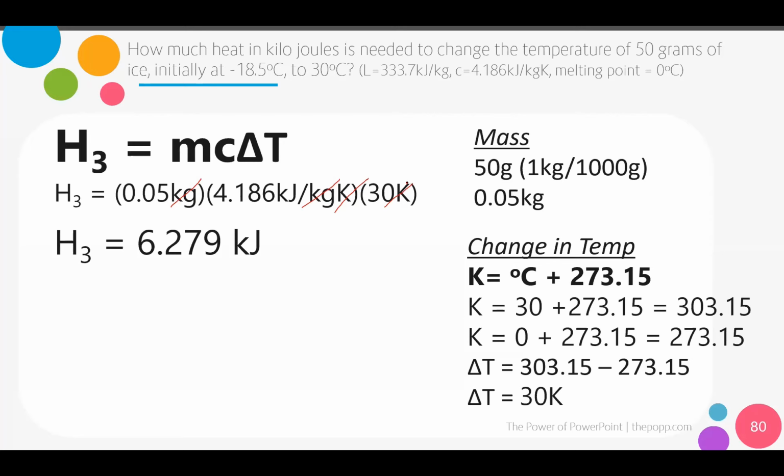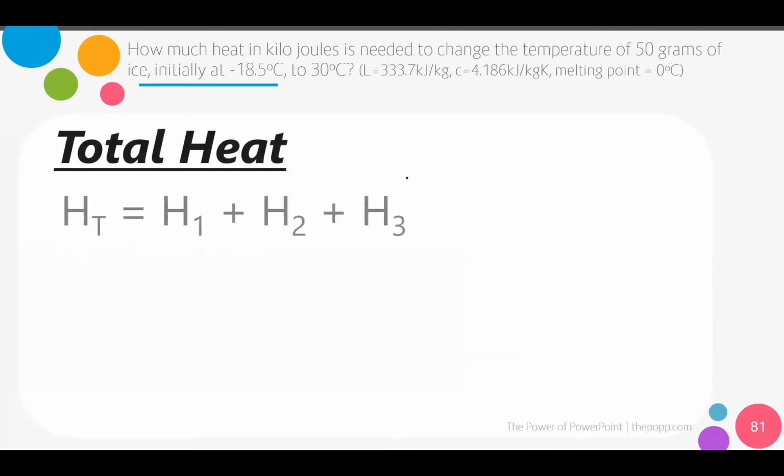So since we have 3 heat absorbs, so we combine them, okay? We sum up the 3 heat absorbs to identify or to know the total heat absorbed. So just simply add them. So i-add nyo lang yung tatlo.